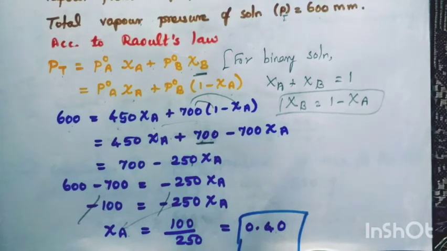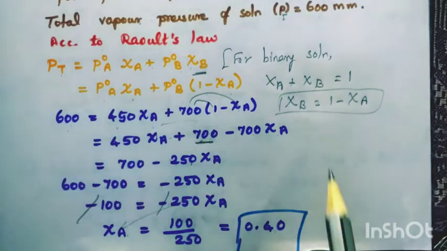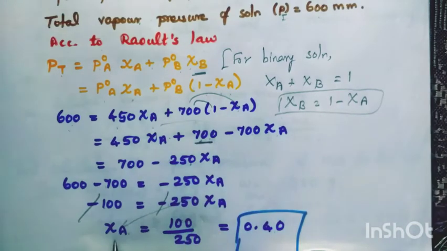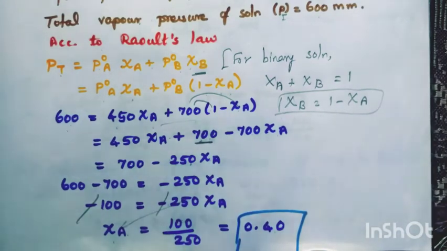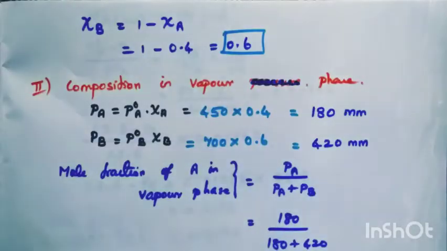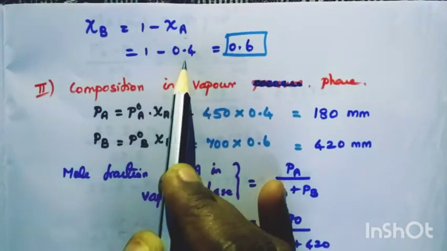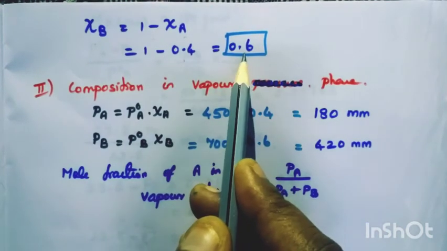We didn't know the mole fraction, so by using the binary solution we told, we can write XB is equal to 1 minus XA. Now substitute all these values. XA we found is 0.4. So XB is 1 minus 0.4, we get 0.6.